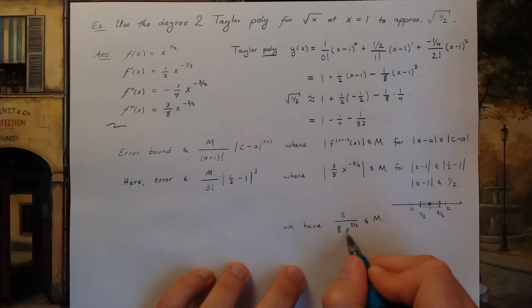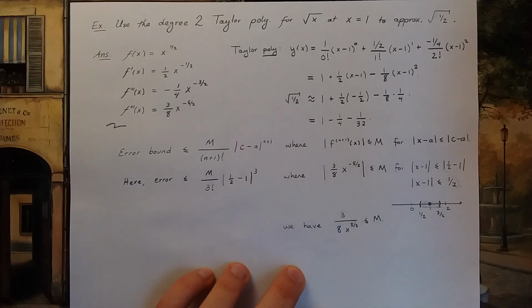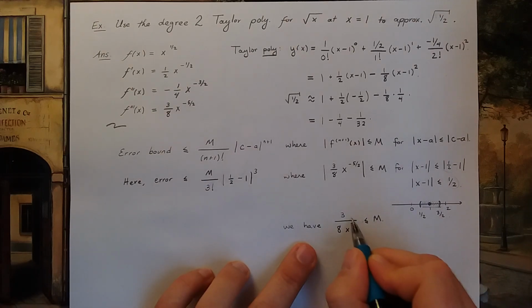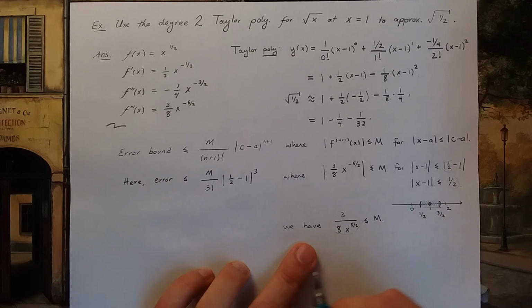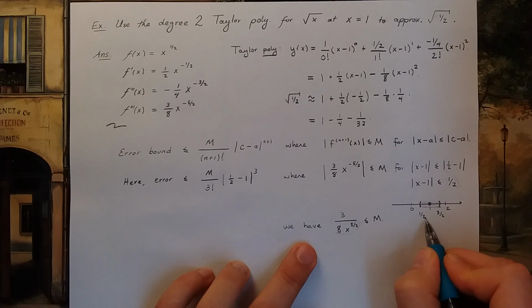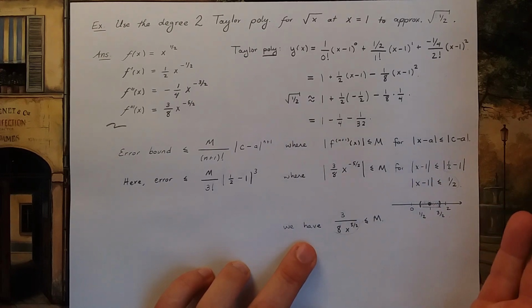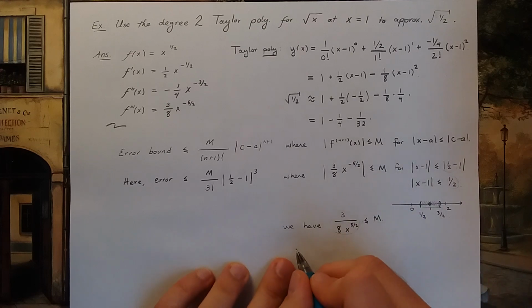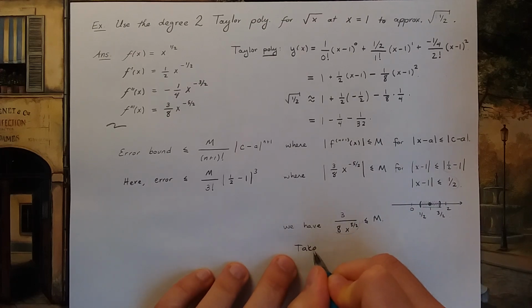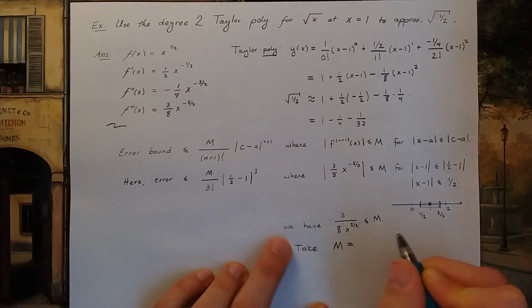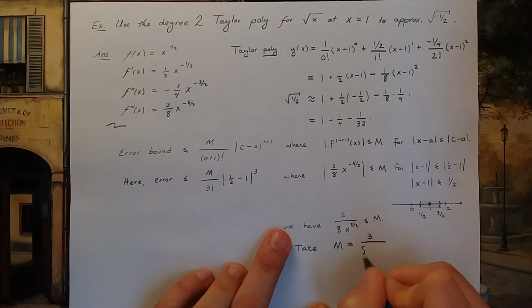I'm dividing here by x to the 5/2 power. If I want to make this quantity the biggest I could possibly make it, then I want to divide by the smallest possible number, because dividing by a smaller number makes the whole quantity bigger. So I'm going to take M and I'm going to let it be 3/8 over 1/2 to the 5/2 power.